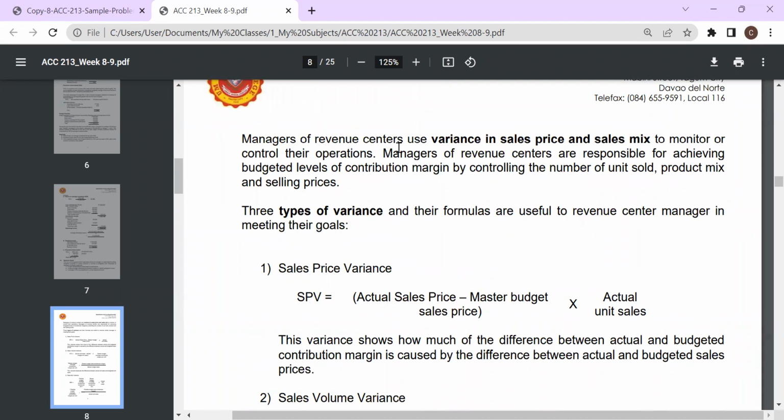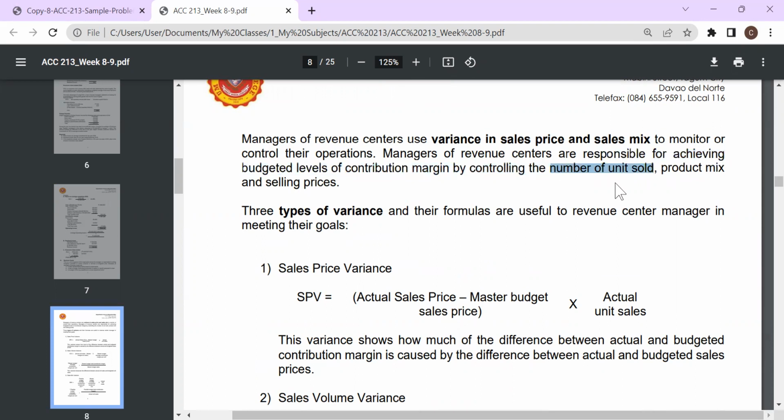Managers of revenue centers use variance in sales price and sales mix to monitor or control their operations. These managers of revenue centers are responsible for achieving budgeted sales or budgeted levels of contribution margin by controlling the number of units sold.